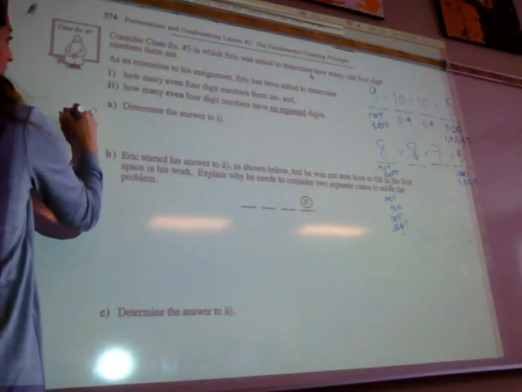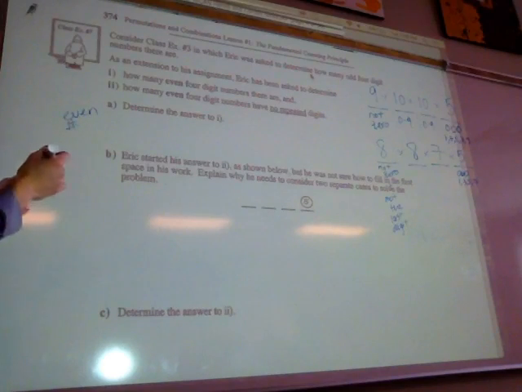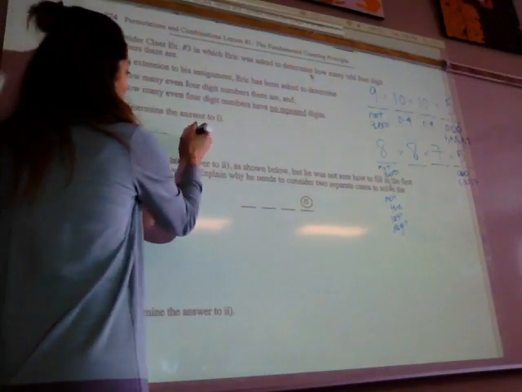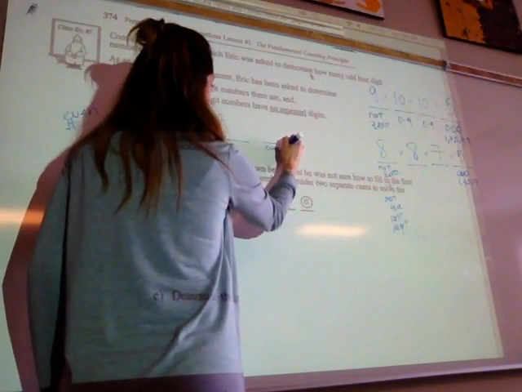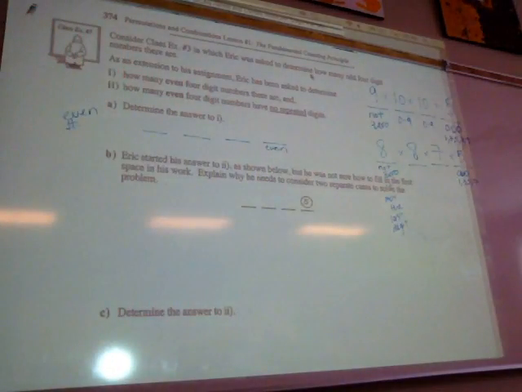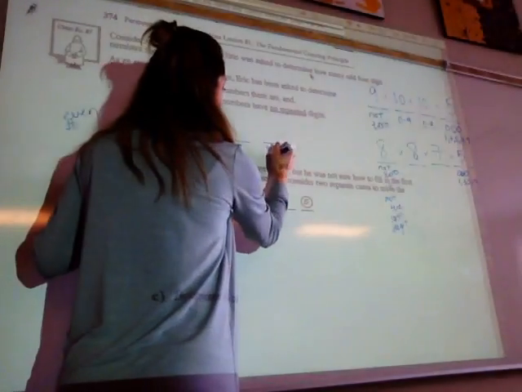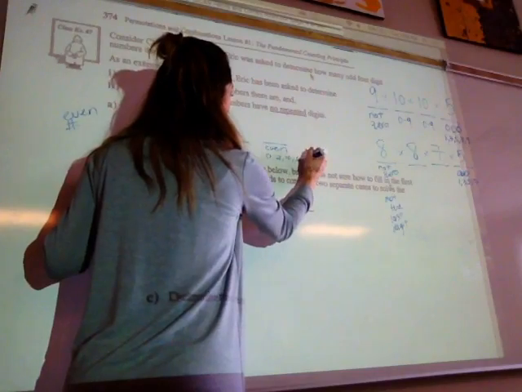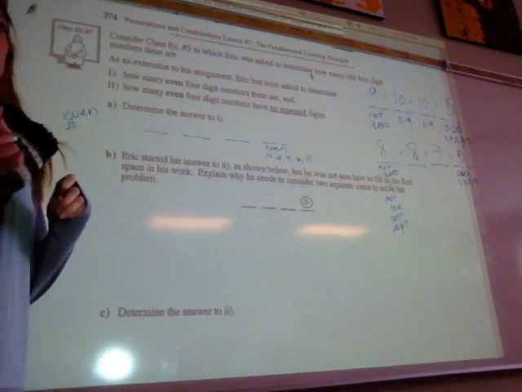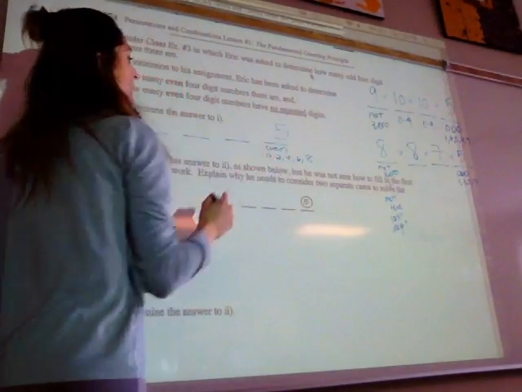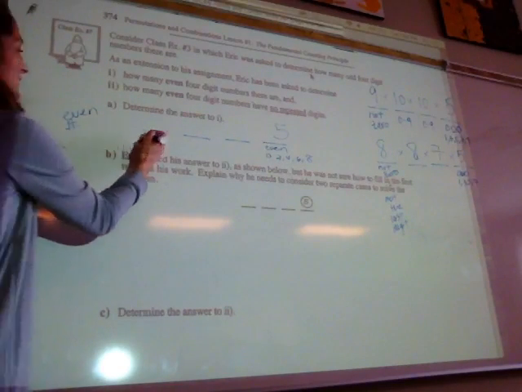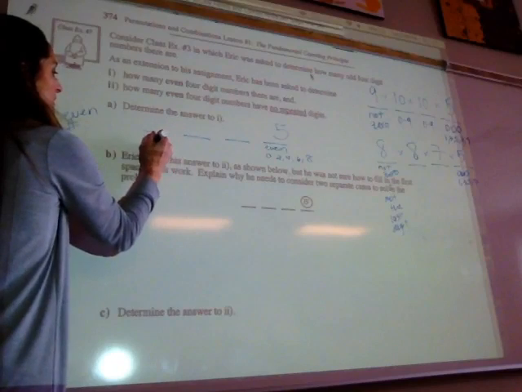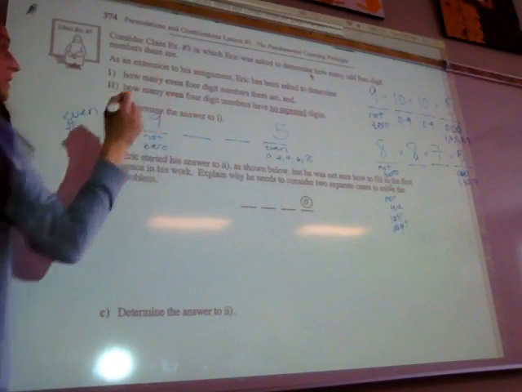So, even 4-digit numbers. It doesn't say anything about repetition. For even, we have 0, 2, 4, 6, 8, so we also have 5 possibilities. The first digit cannot be 0, which means we have 9 possibilities.